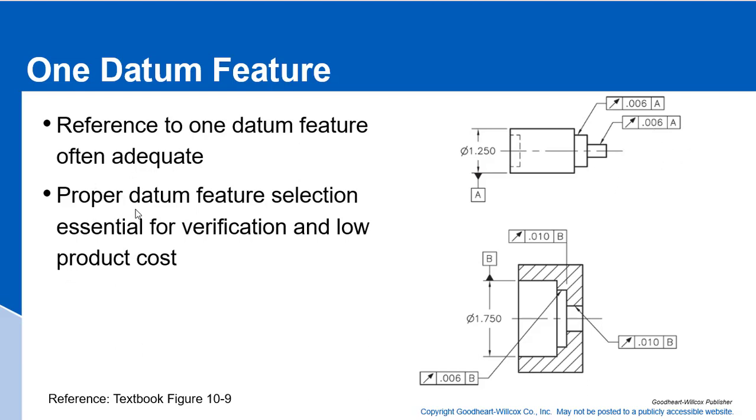Proper datum feature selection is essential for verification and low product cost. Now again, when we're checking these parts, what we need to be sure of is that we're grabbing this diameter regardless of material boundary. So we're going to pick that diameter up essentially regardless of feature size, in which case we would have to use a chuck or something like that.